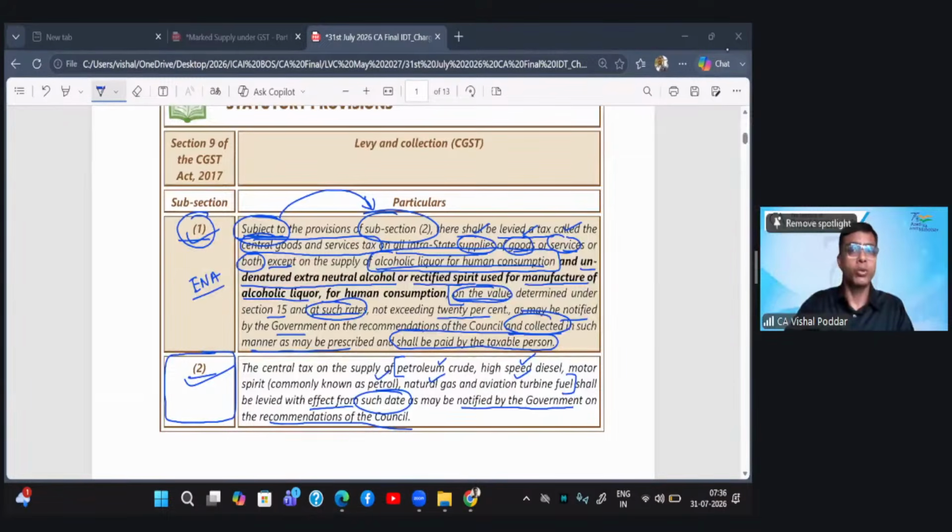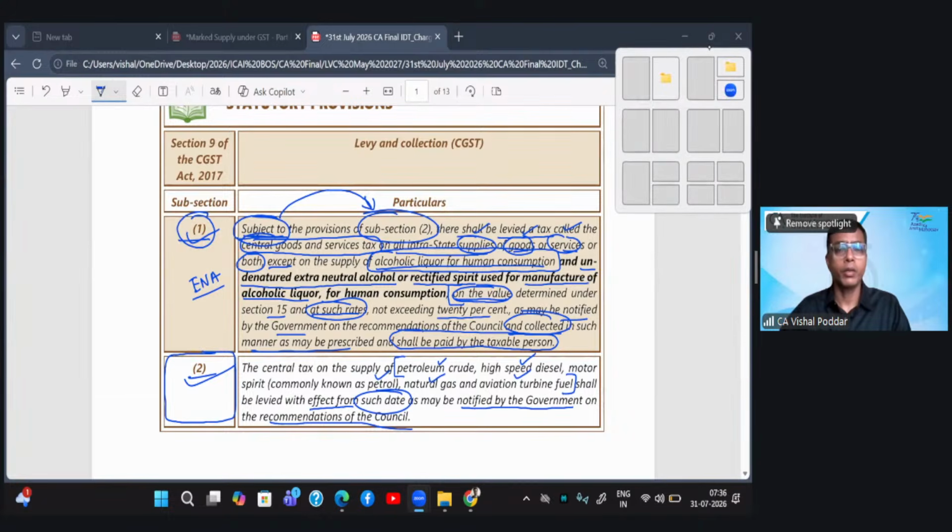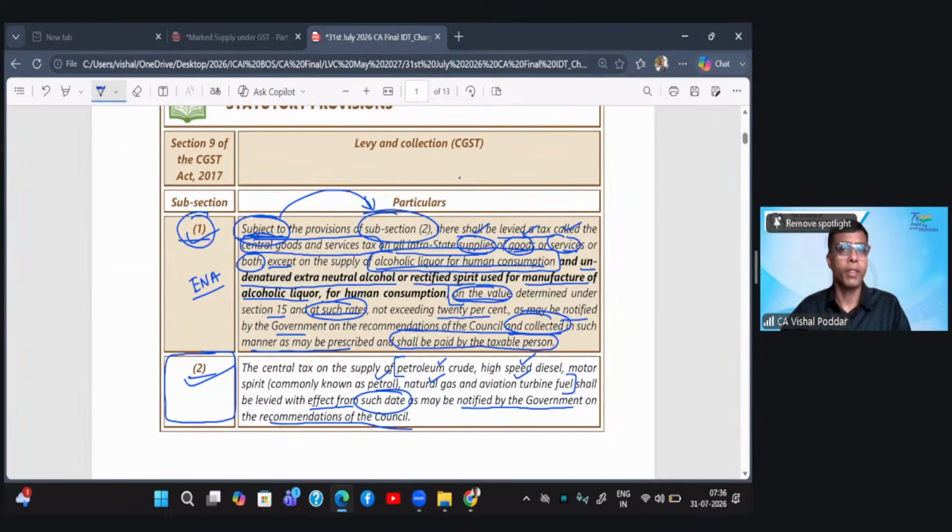And I also gave you the reasoning. The reasoning is that what is excluded by the constitution from GST is alcoholic liquor for human consumption, right?